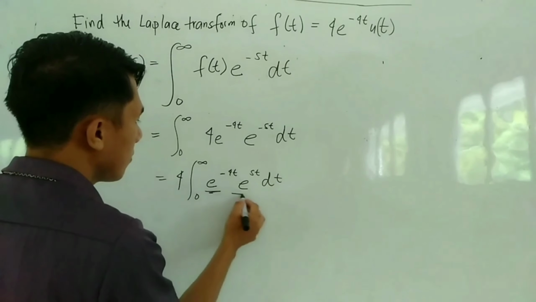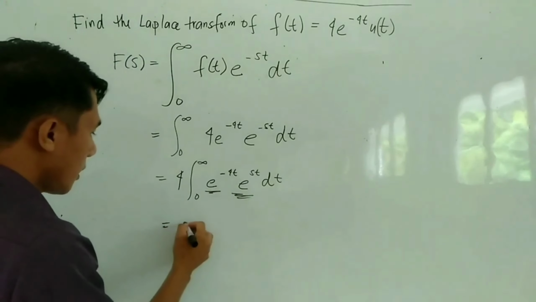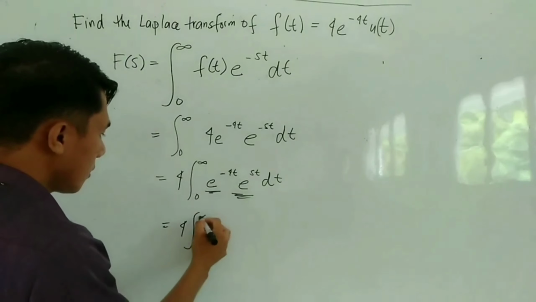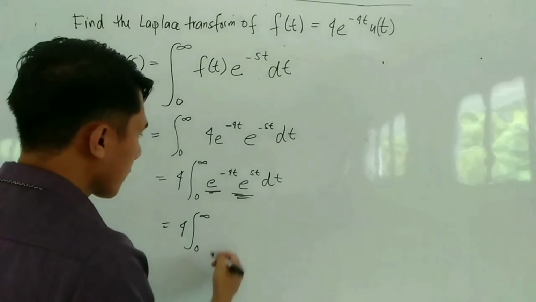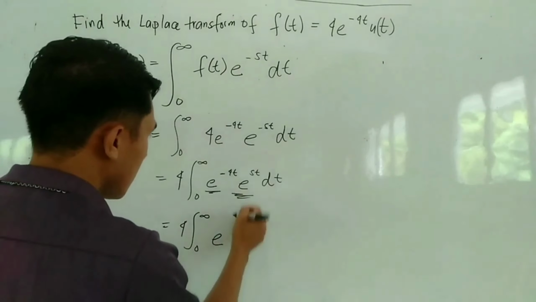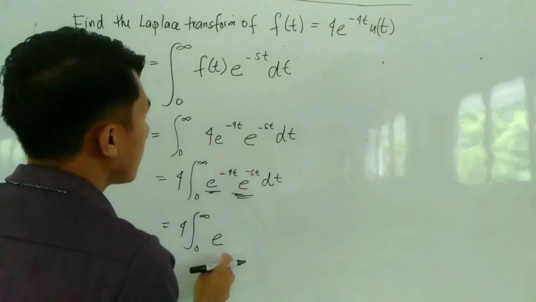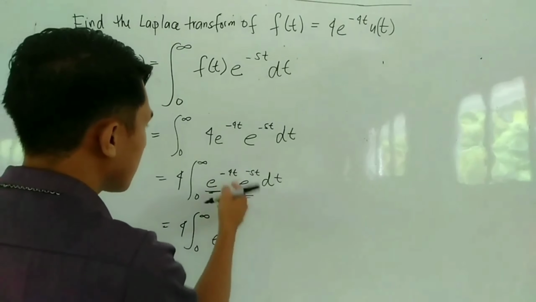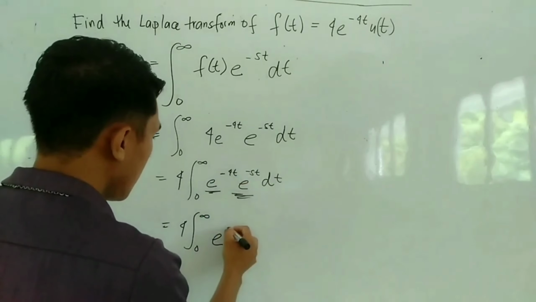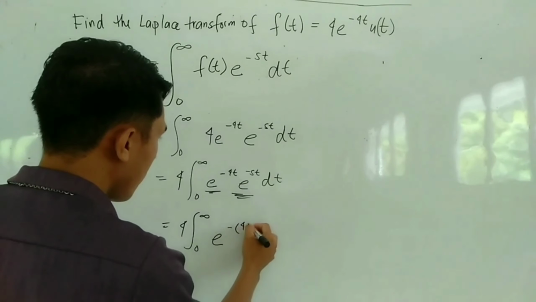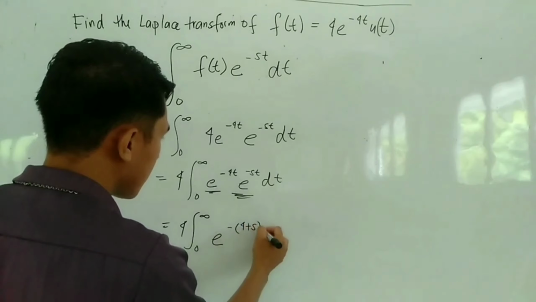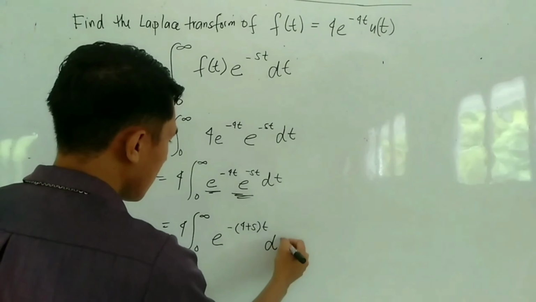The same base e, so we have the integral from 0 to infinity of e to the power negative 4 plus s times t dt.